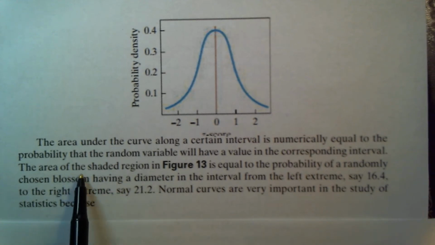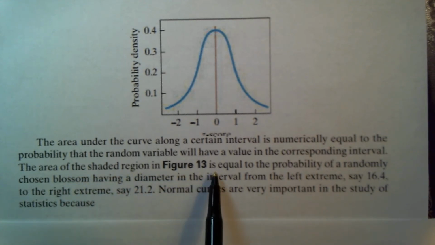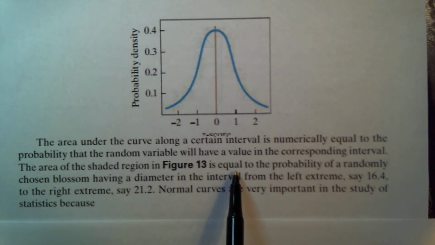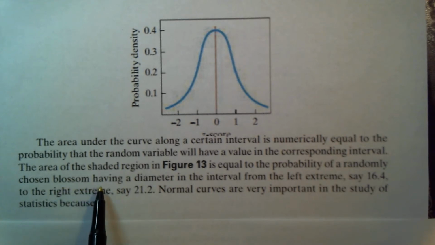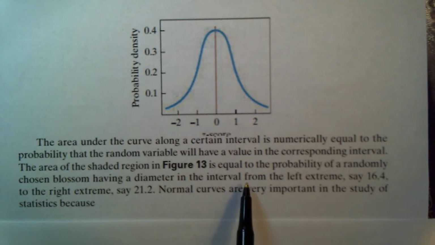The area of the shaded region in figure 13, shown previously, is equal to the probability of a randomly chosen blossom having a diameter in the interval from the left extreme, let's say from 6.4, to the right extreme, 21.2 centimeters. Normal curves are very important to the study of statistics.